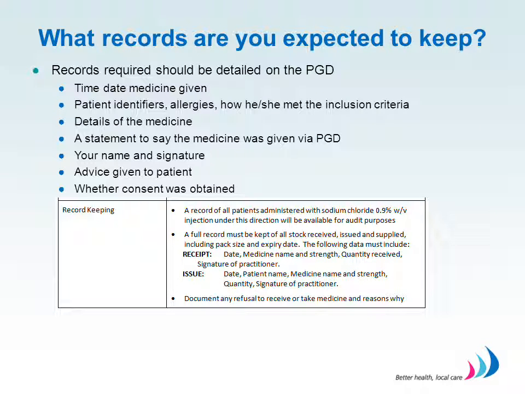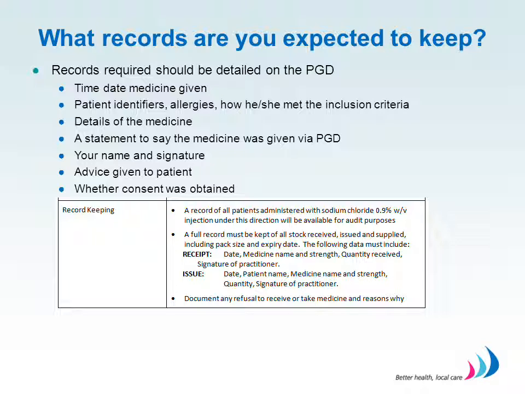Any records you are required to keep should be detailed on the PGD. This would normally include the date and time of supply or administration, the patient's details such as name, date of birth, allergies, and how the patient met the criteria of the PGD, the details of the medicine such as name, strength, dose, frequency, quantity, route and site of administration.